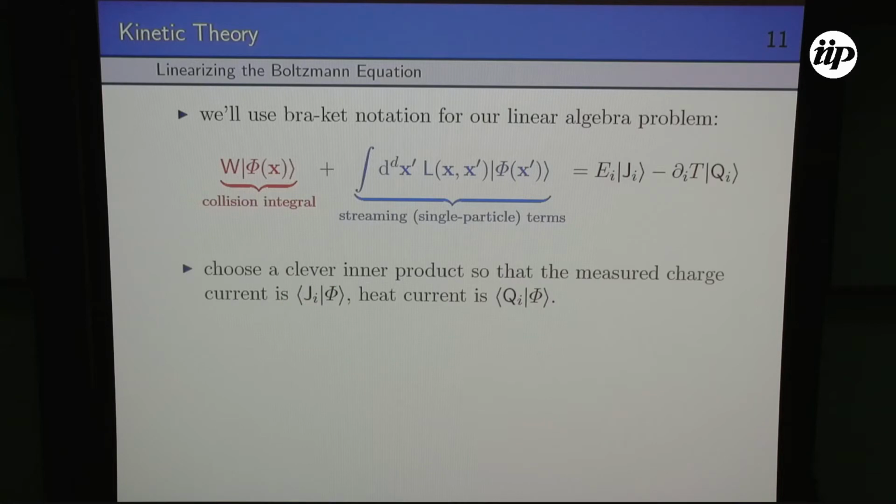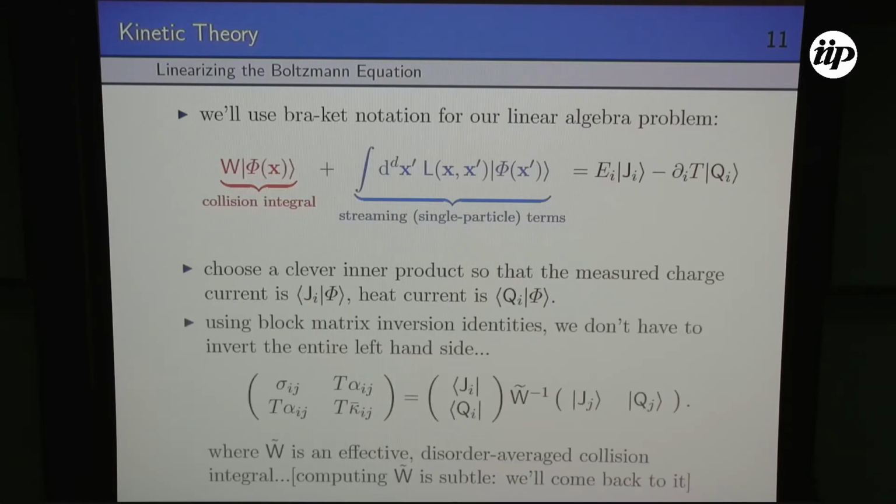The heat current is the inner product of Q with phi. And so, roughly speaking, we just want to invert this matrix W plus L on the right-hand side, and then sandwich on the left with J and Q. We already have J and Q on the right, and this is our thermoelectric conductivity matrix. So all we have to do is invert this very infinite dimensional matrix, and then we're done.